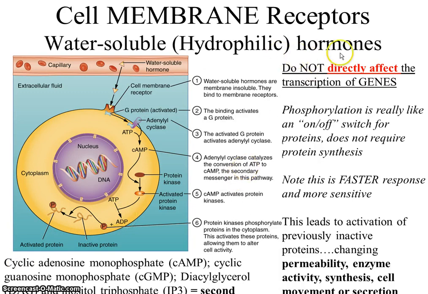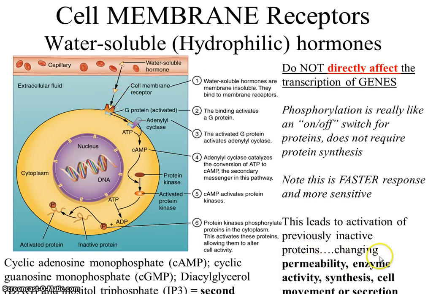So what I need you to know, again, is that if you're a non-steroid hormone, right, in other words, not based on cholesterol and not the thyroid hormones, T3 and T4, you cannot directly affect gene transcription. You can't directly affect what goes on because you don't enter into the cell, right?